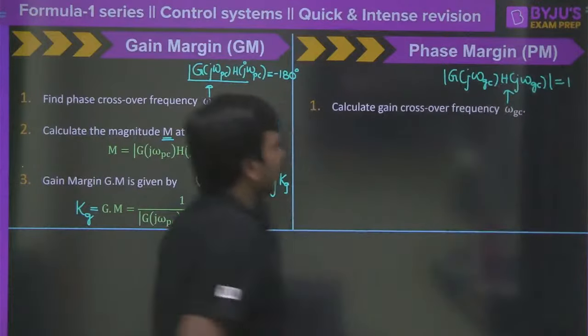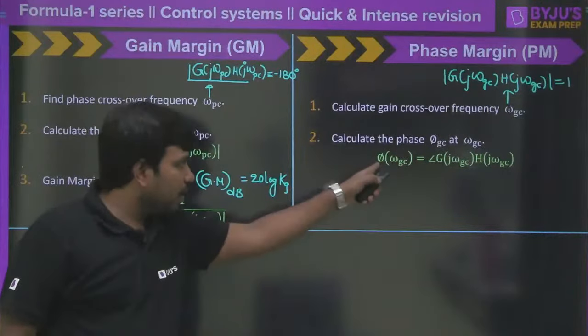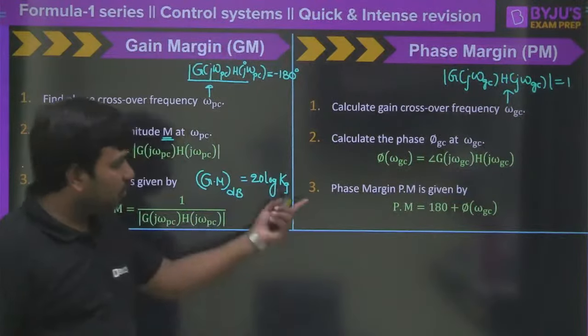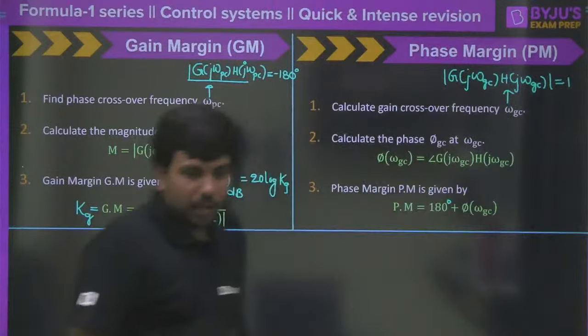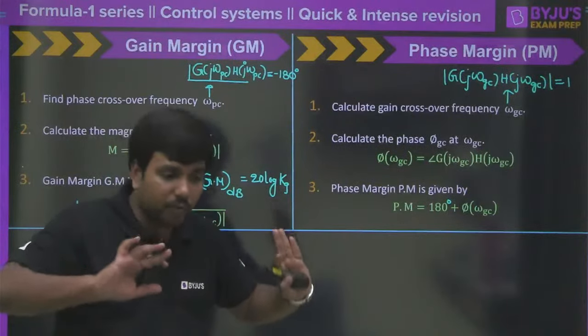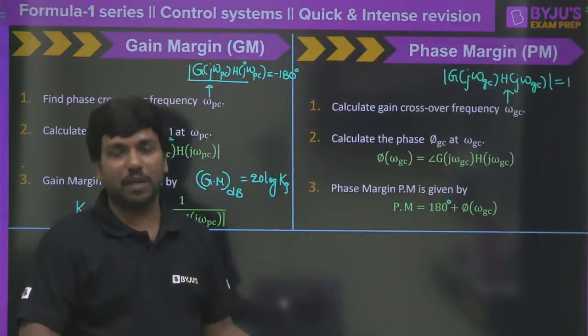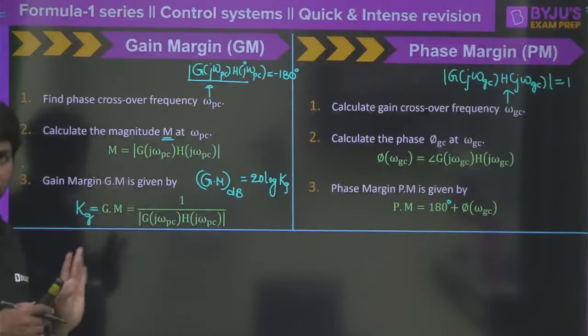Be clear about that. Then immediately we calculate the phase at that point. Once you calculate the phase at that frequency, we add it to 180 degrees to calculate the phase margin. Clear? So these are the general steps to find the gain margin and phase margin. If you want to know the in-depth meaning, you have to go for the regular classes. But these are the final conclusions that I am writing here.